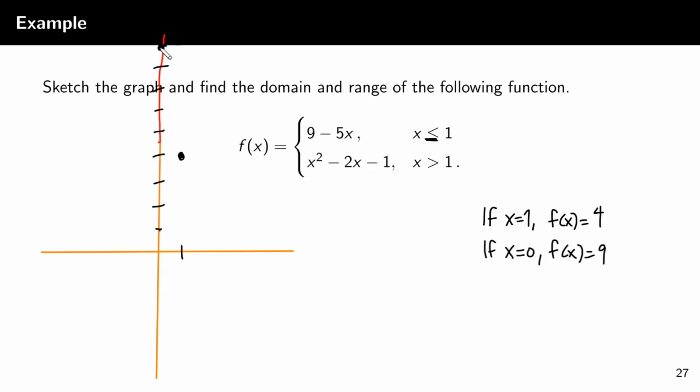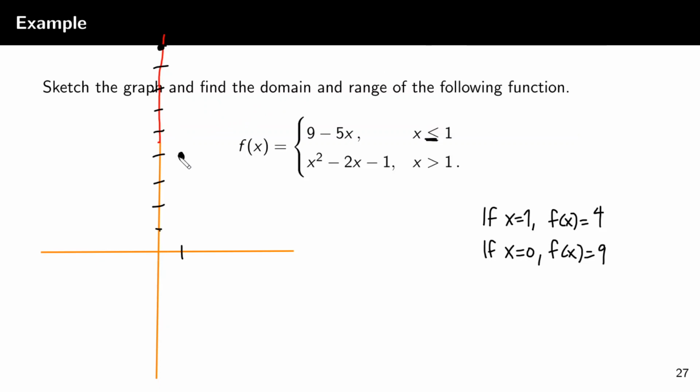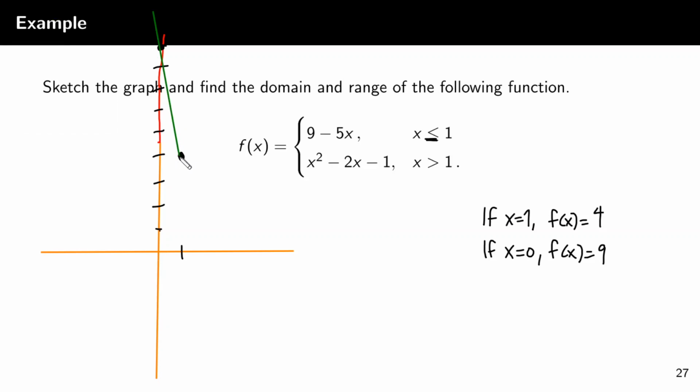Medyo steep itong line natin. Now let me just connect those 2 points. Let me use the green color. So ito siya. Kulayan ko rin ng green itong point na to. And then, with an arrow, so it will extend infinitely towards that direction.